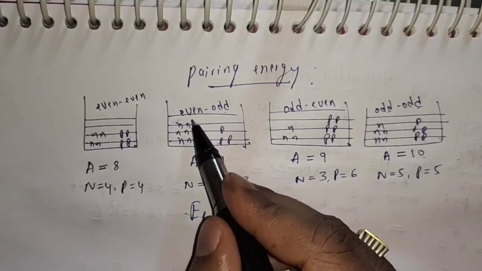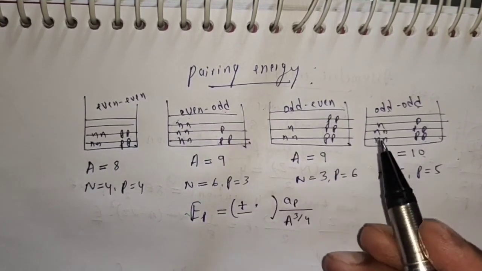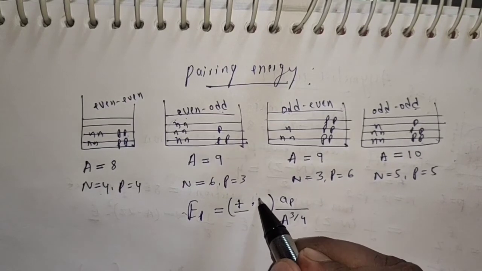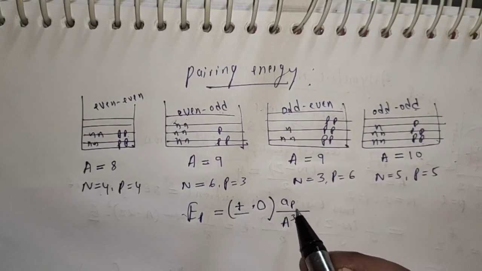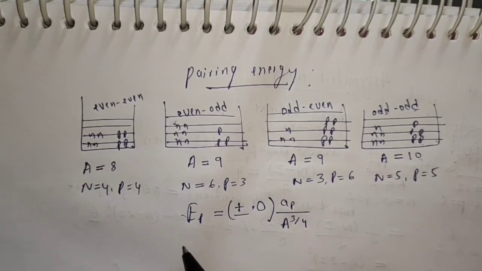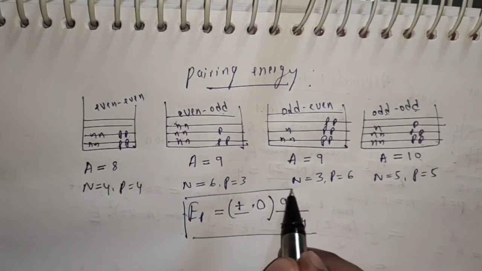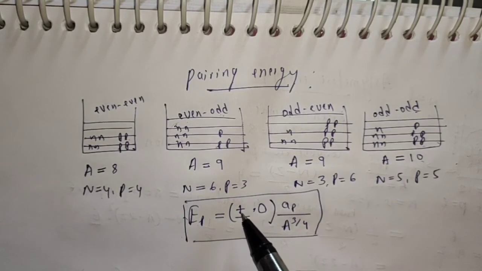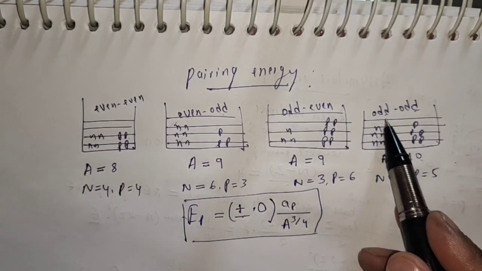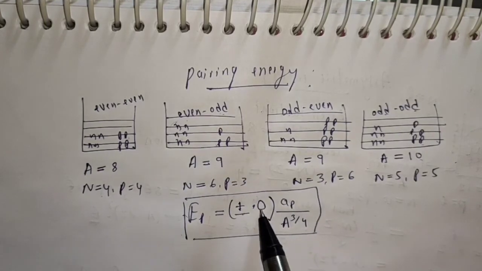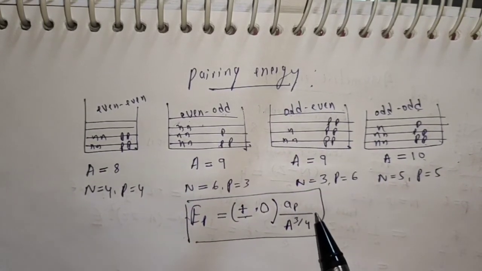And one more thing, for even-odd or odd-even configuration we are going to do nothing, that is, we are multiplying pairing energy by 0. Okay, this is all about pairing energy. Here plus is for even-even nucleons, minus is for odd-odd, and 0 is for even-odd or odd-even nucleons.